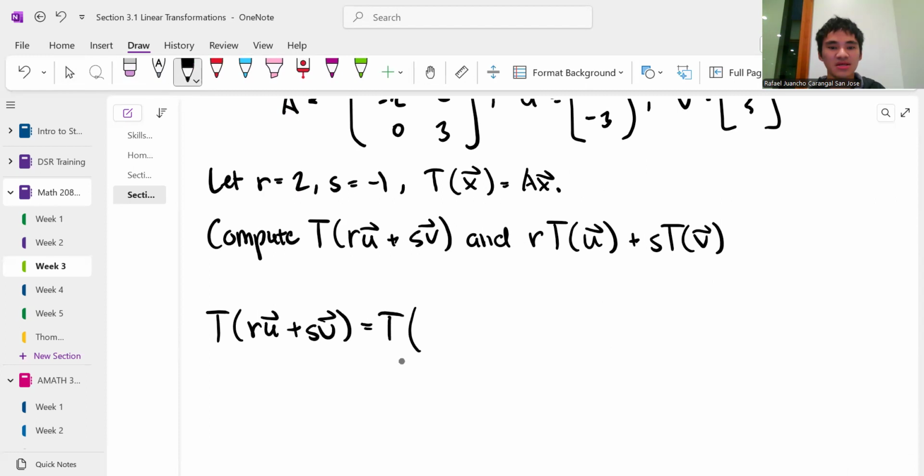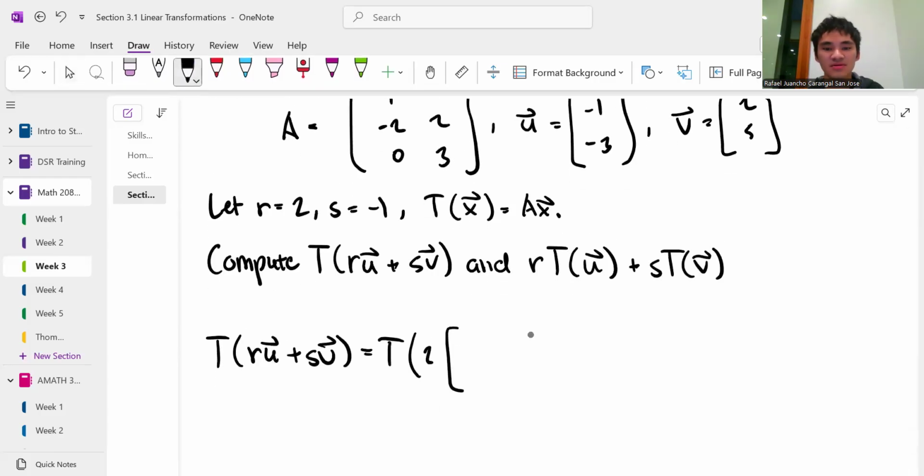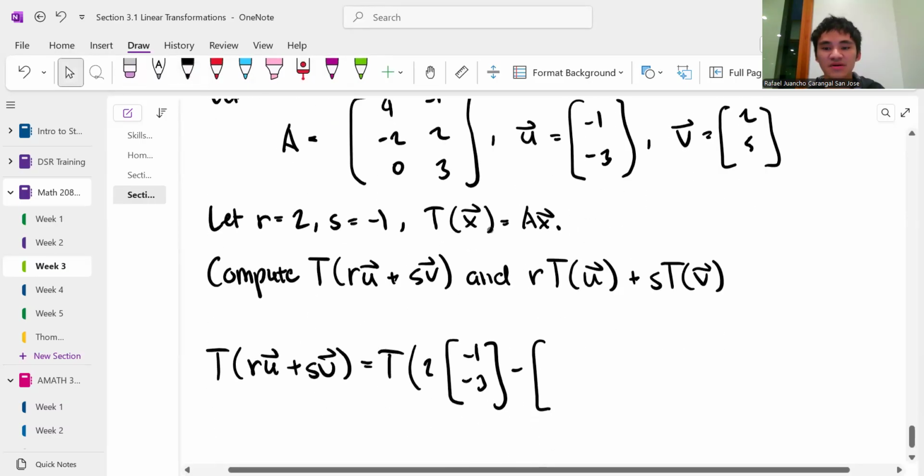This is the same as saying R is 2, right? Multiplied by U. U here is negative 1, negative 3. We add it to S V. S is negative 1. So actually, this should be minus. Minus V, which is 2, 5.